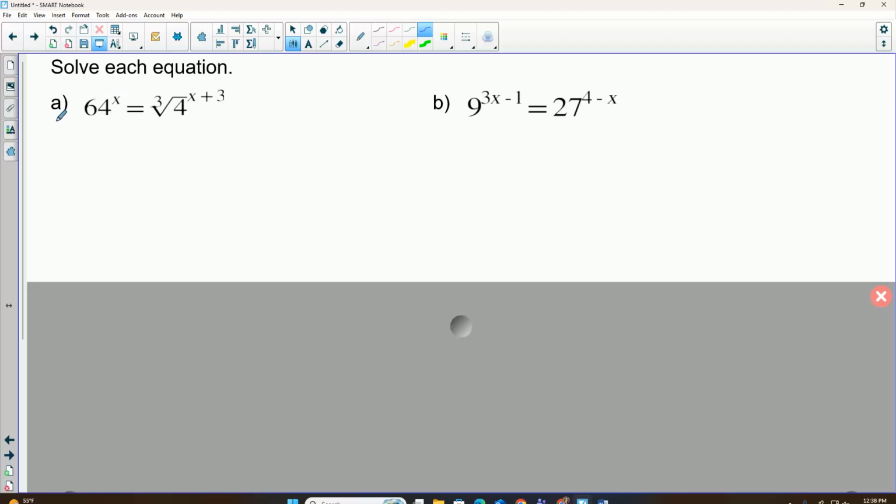Common base. Okay, so I have 64 and the cube root of 4. What could I change them both to? 4. Okay, so 64 is 4 to the third. A cube root of 4, how would I write that?